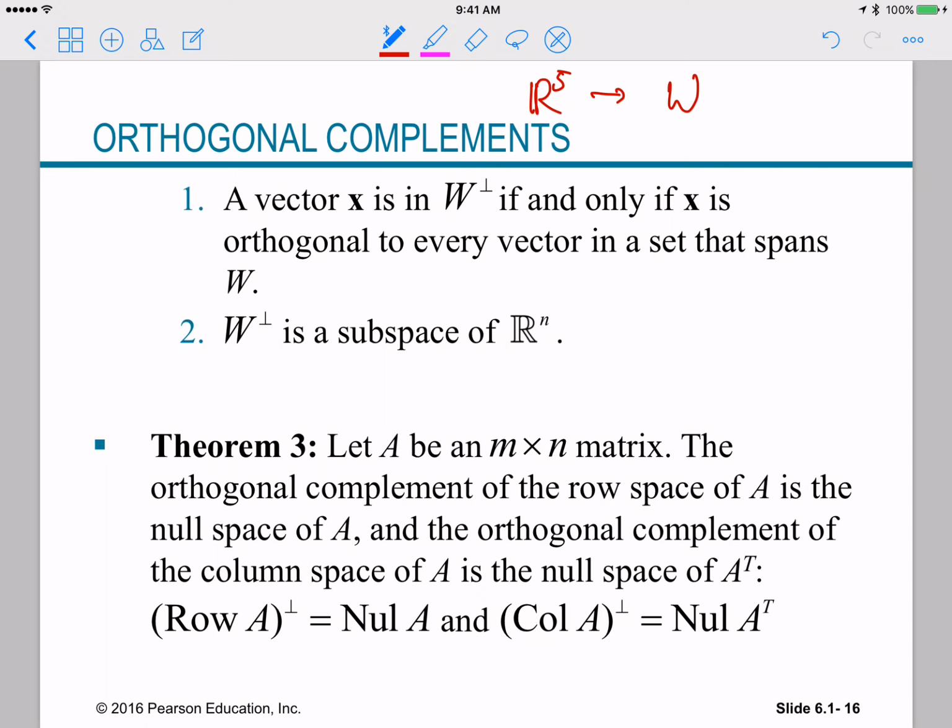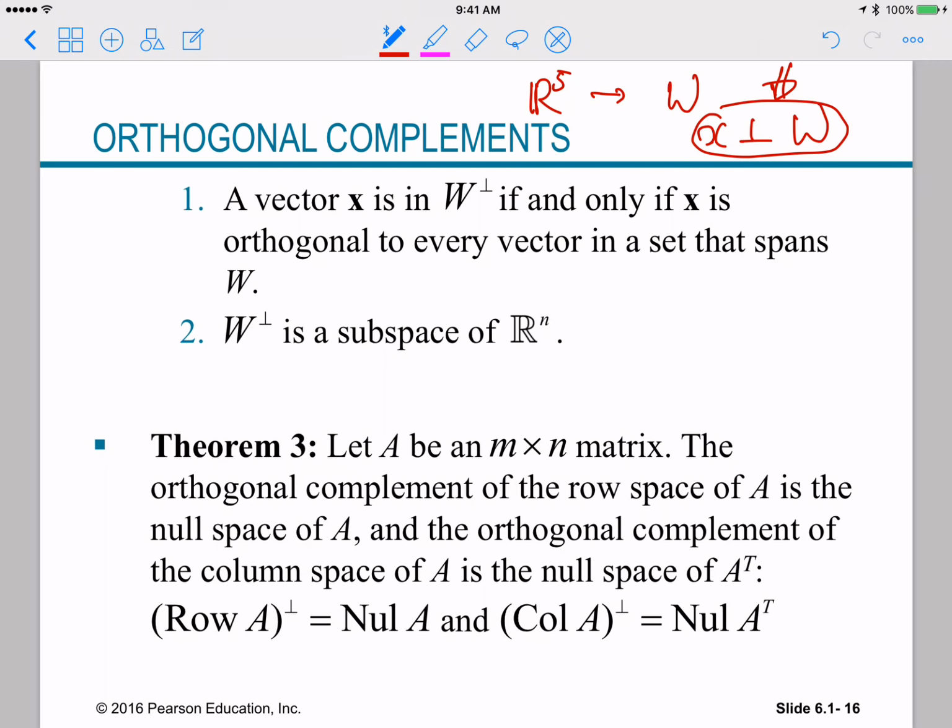Then you consider some vector x such that this vector is orthogonal to this subspace W. But we have to think about the orthogonality or perpendicularity between two vectors, not between a vector and the subspace.